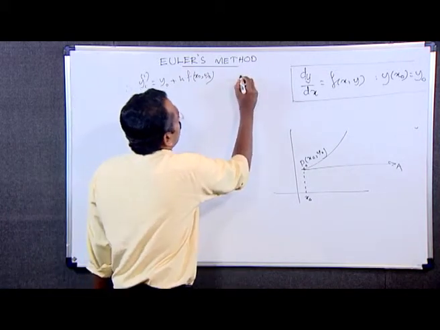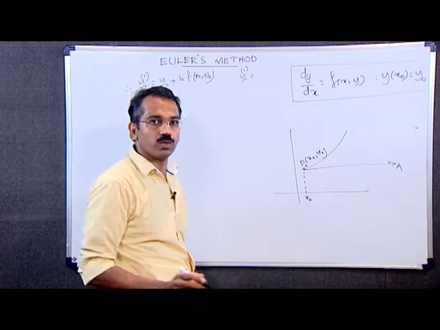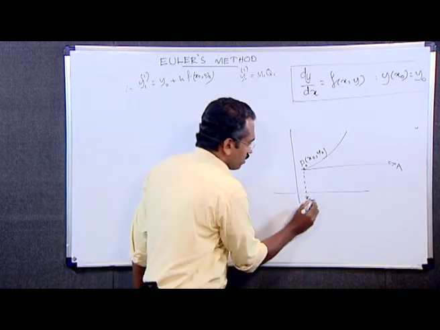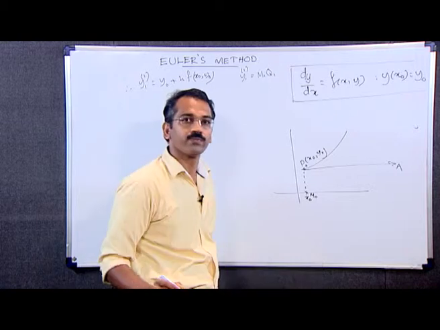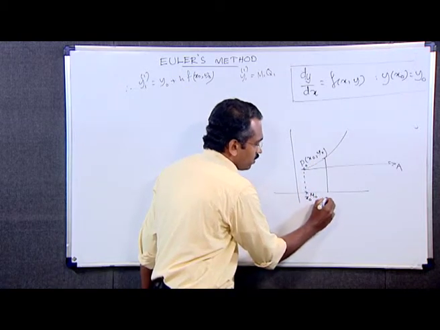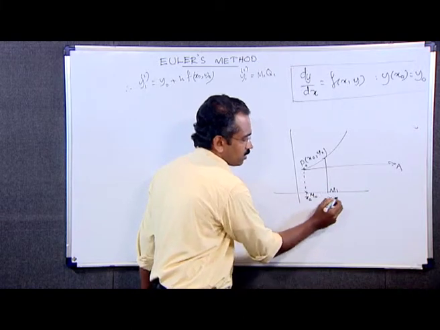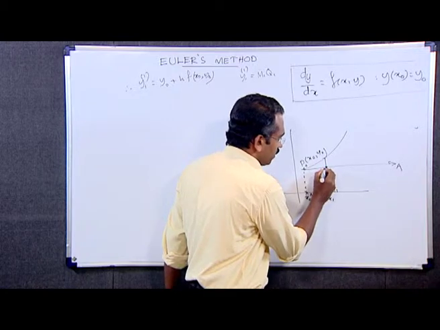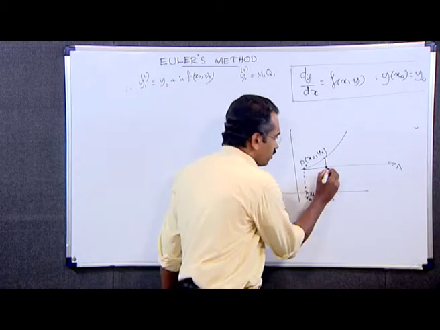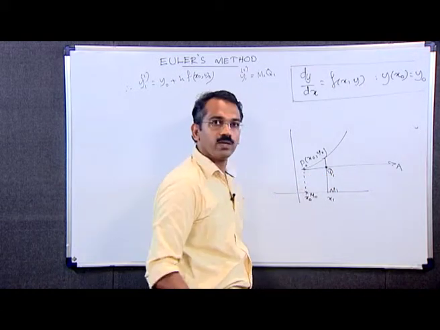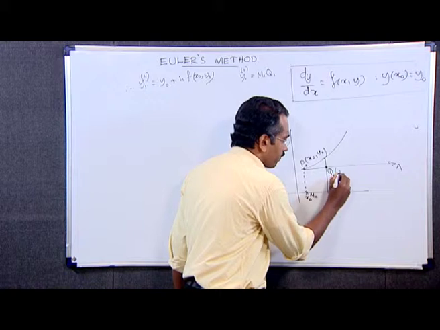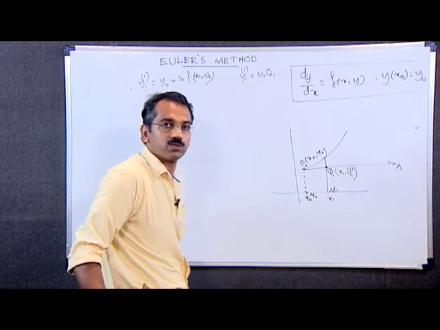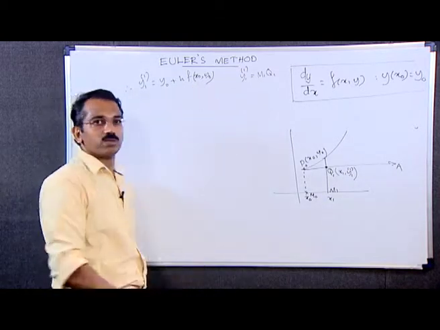Here, this is the point M0, this is the point M1 corresponding to x1, and we denote by Q1 the point x1, y1(1), which is the first approximation by this Euler's method.